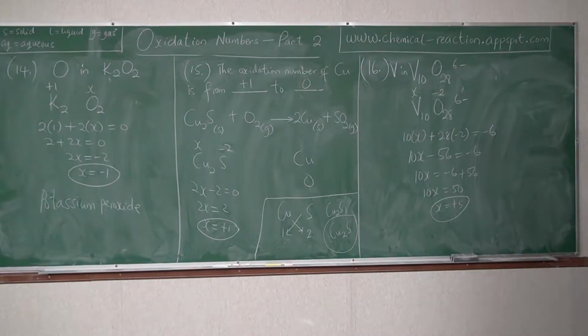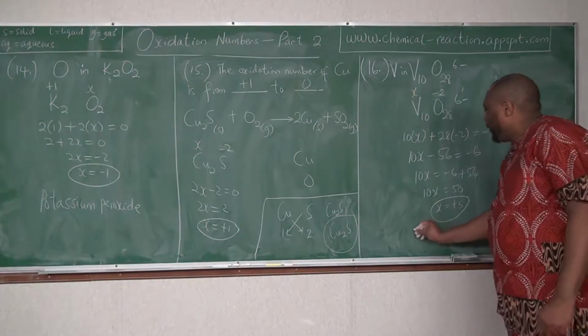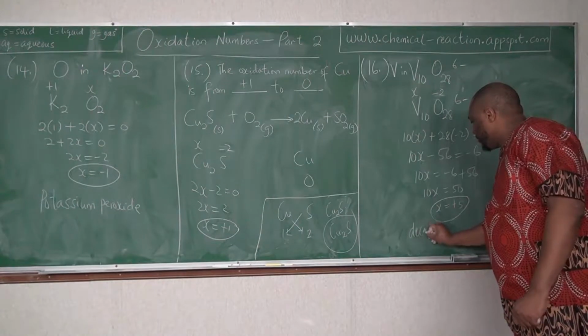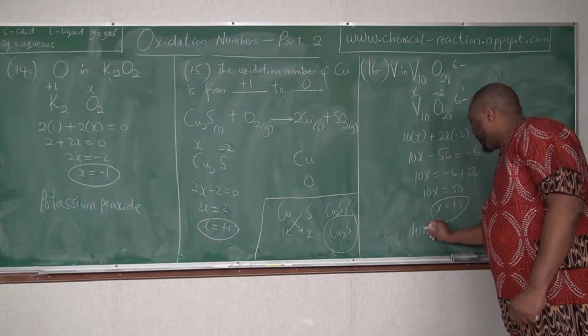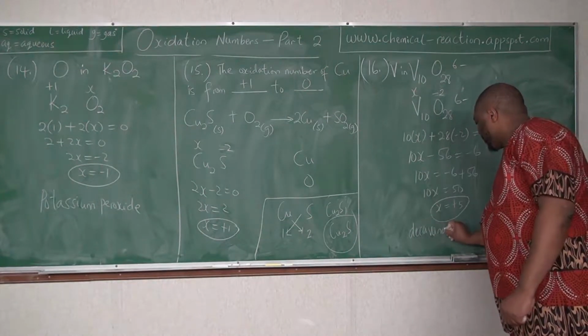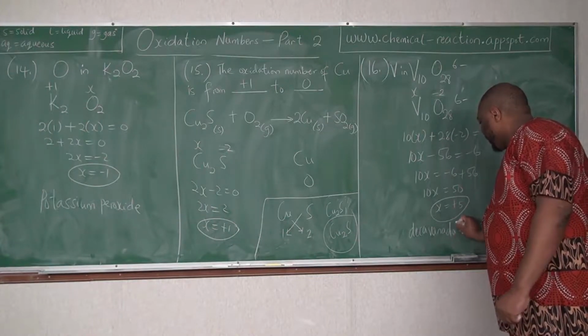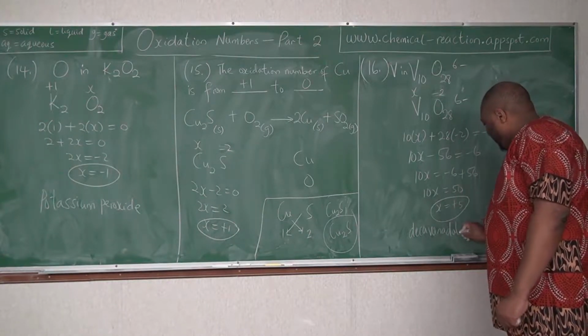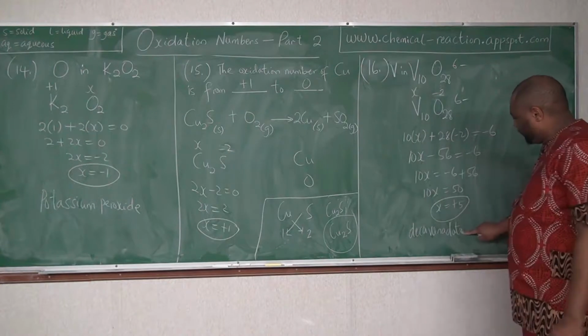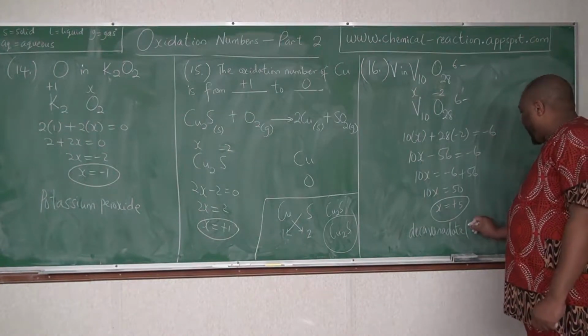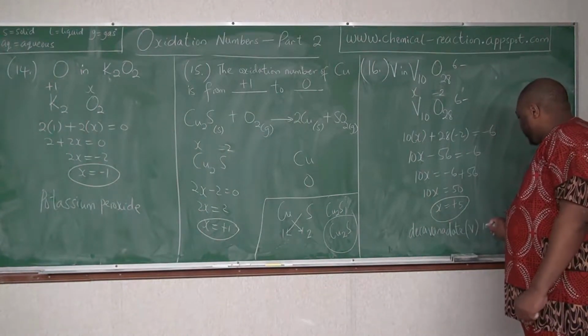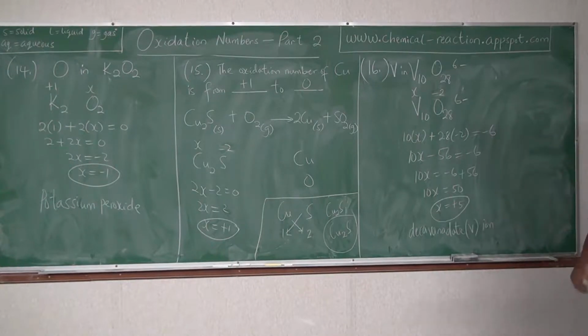So the IUPAC name for this will be decavanadate(5) ion.